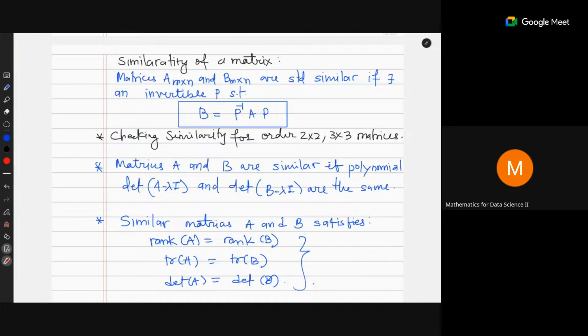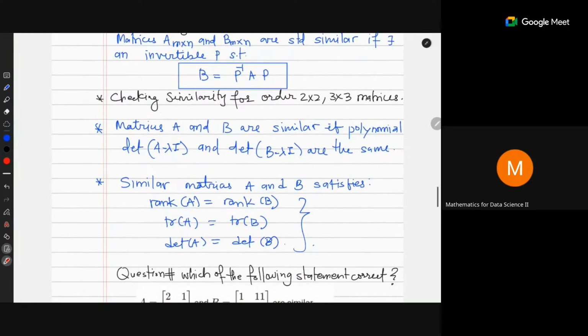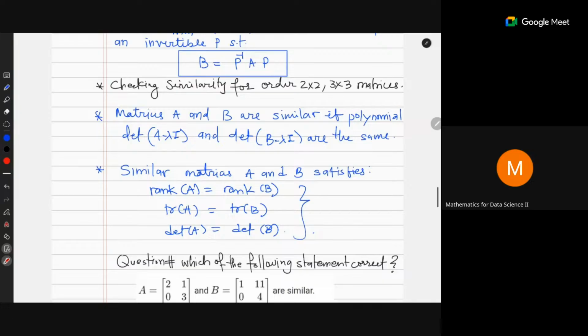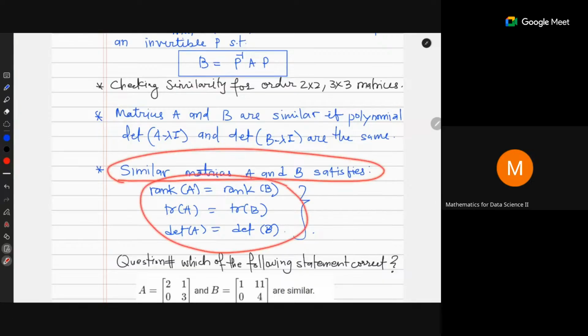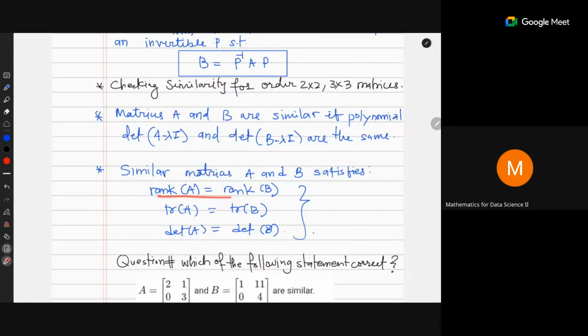Two matrices are said to be similar if there exists an invertible matrix P such that B is equal to P inverse A P, where P is an invertible matrix. If A and B are similar matrices, then they satisfy these three conditions: their rank is the same, their traces will be the same, their determinant will be the same.